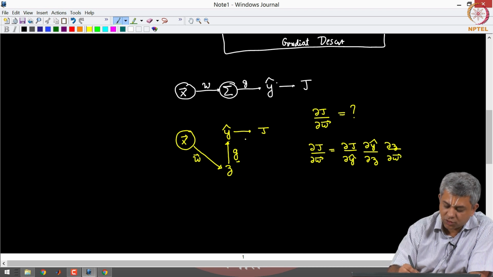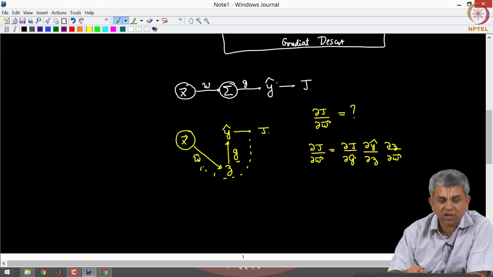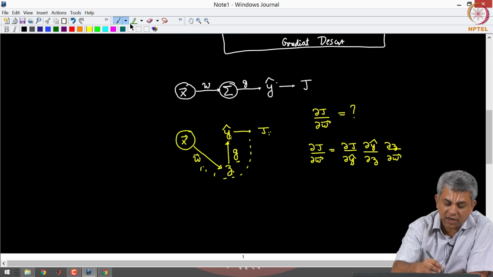So this is sort of the dependency. j changes because w changes. Why? Because j changes due to changes in y hat, y hat changes due to changes in z, and z changes due to changes in w. In another way, when I perturb w, it will perturb z, which will perturb y hat, which will perturb j. So, that is what we are chasing down here.